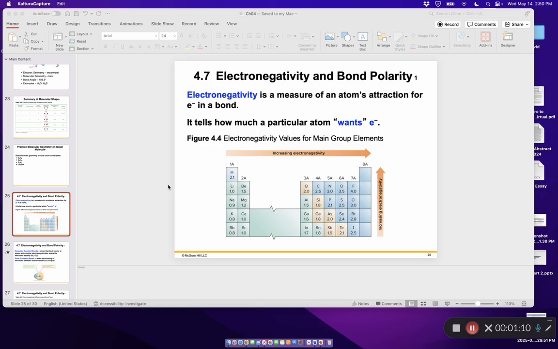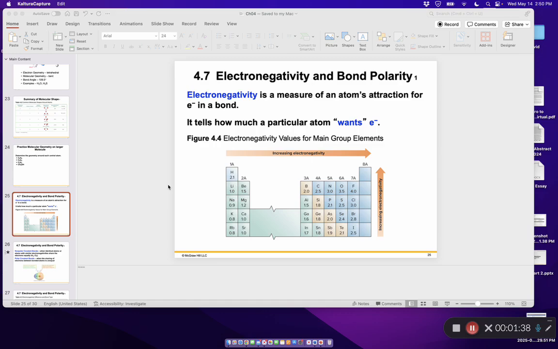So let's learn what electronegativity is, and what the trend of electronegativity in the periodic table is. Then we can say whether the sharing of electrons in the bond remains equal or unequal.